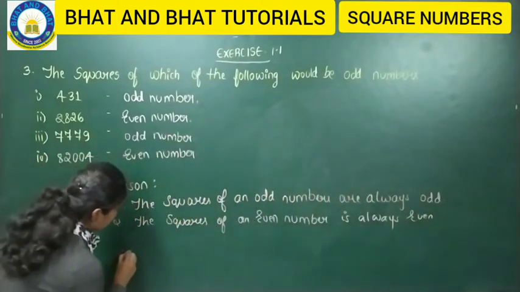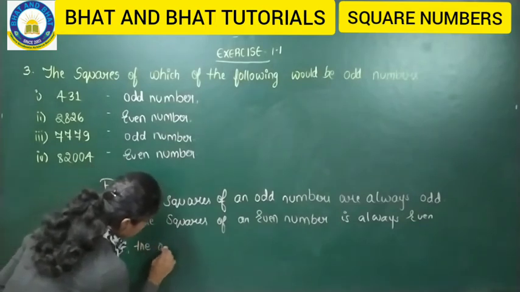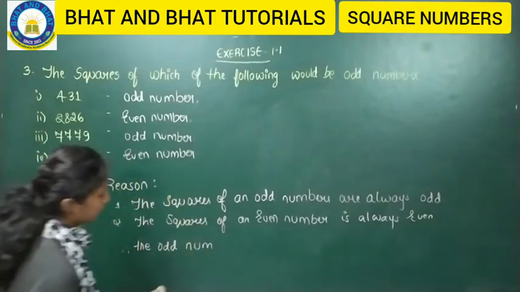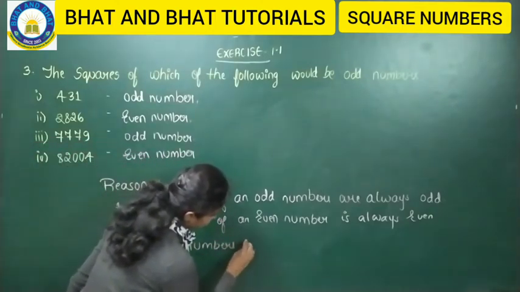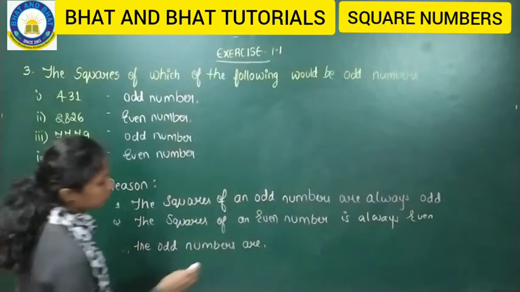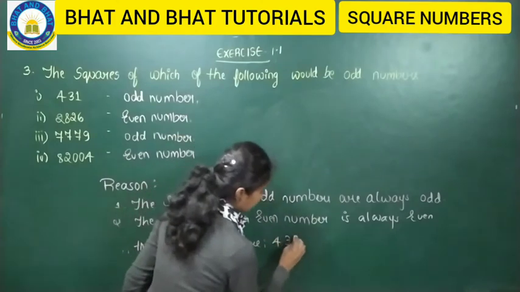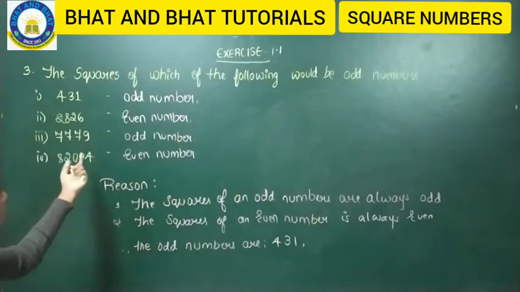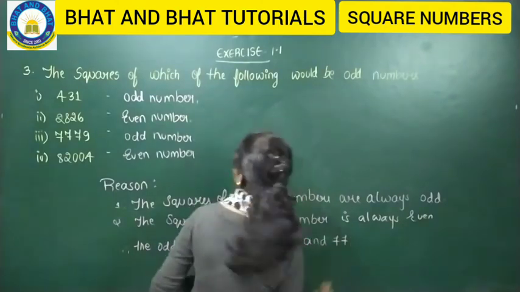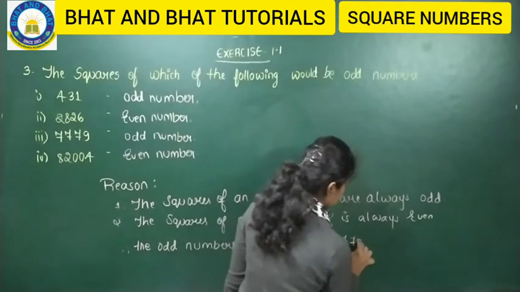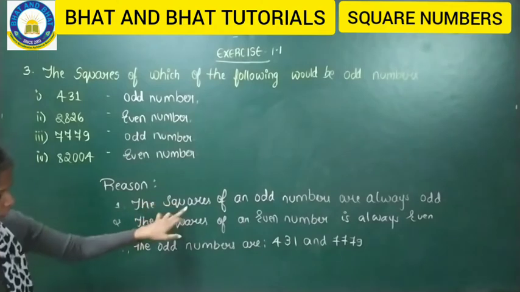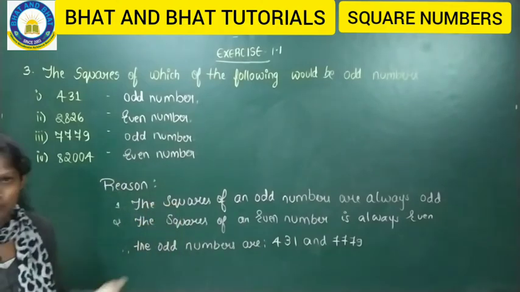Therefore, the odd numbers are, so now here what are the odd numbers? 431, comma, only two, right? 431 and 7779. Got this? Now you can copy down this also, the reasons along with this. Copy down.